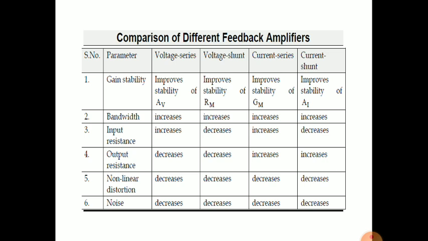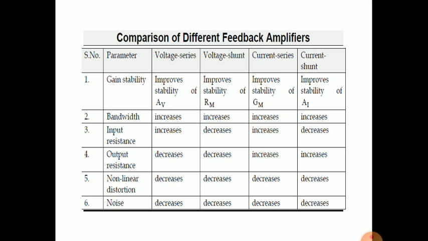Input resistance, as we can remember from the previous lessons, depends on the mixing network, whether it is in shunt or series. If it is in shunt, it will be decreased. If it is in series, it will be increased.